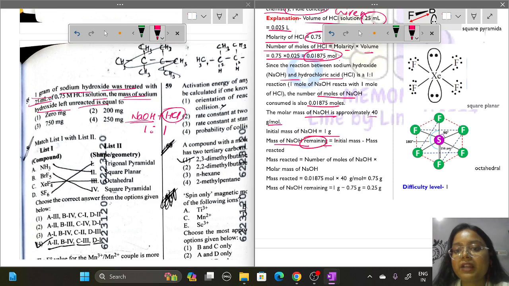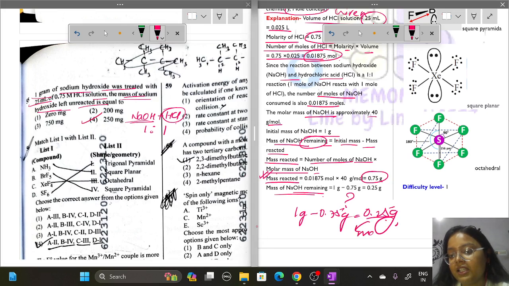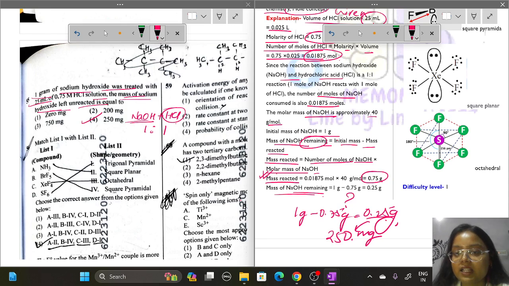The mass reacted will be the number of moles of NaOH into the molar mass of NaOH, which is 0.75 gram. How much is remaining? 1 gram minus 0.75 gram comes out to be 0.25 gram. Converted into milligram, it will come to 250 milligram. So option number 4 will be the correct answer here.